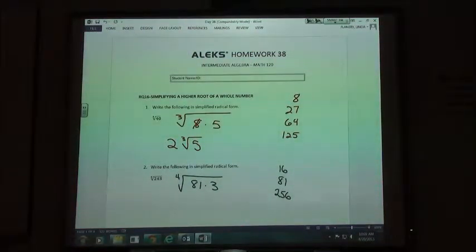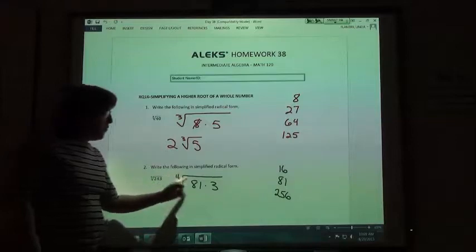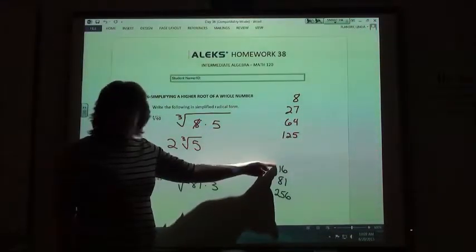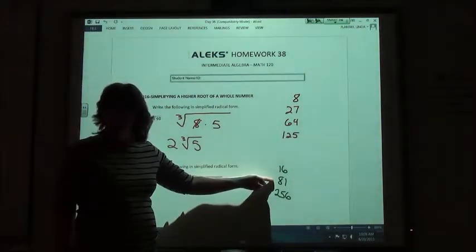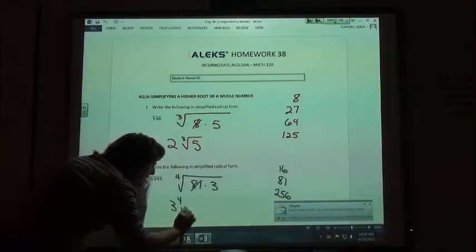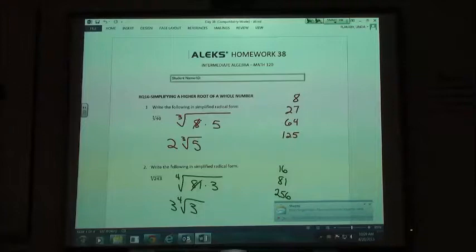So then I'm going to do the fourth root of 81. What is the fourth root of 81? It was 3, right? This was 2 times 2 times 2 times 2, 3 times 3 times 3 times 3. So the fourth root of 81 is 3. And then I'm going to have that 3 left underneath. So I get 3 fourth root of 3.